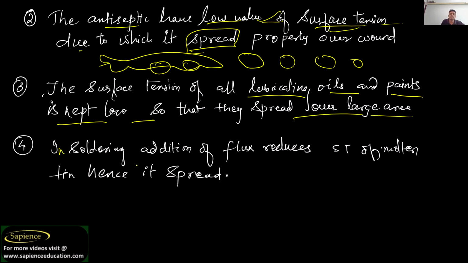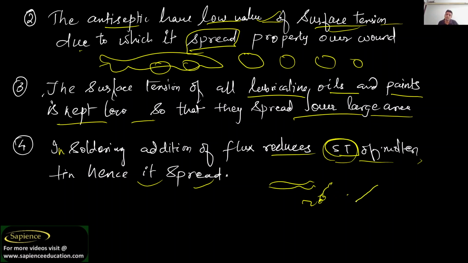Now in soldering, addition of flux reduces surface tension. If you know the process of soldering, where one wire is joined with another wire, we use molten tin, and the surface tension of the molten tin must be reduced so that it spreads. Suppose this is your soldering metal, and we use tin, and when we melt it, it is not getting spread.